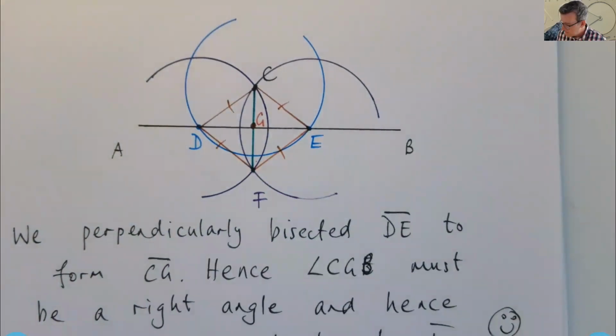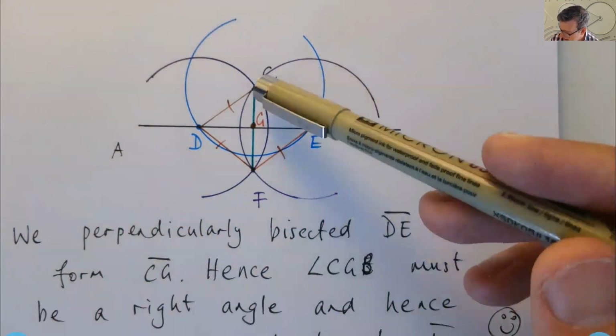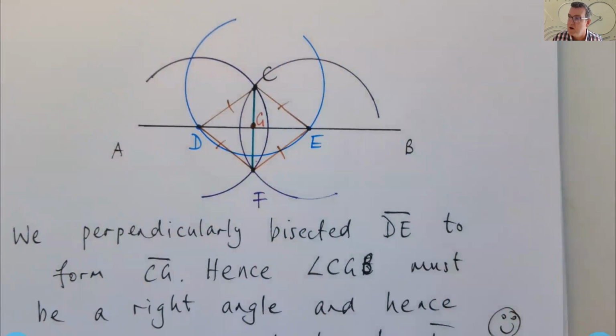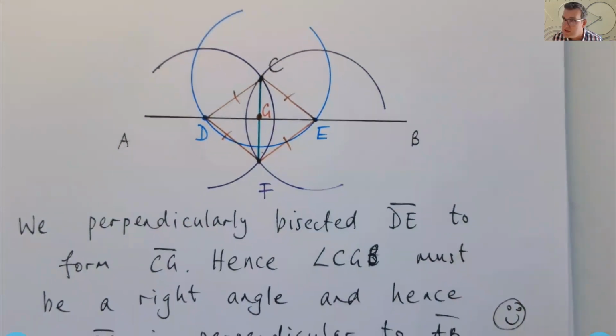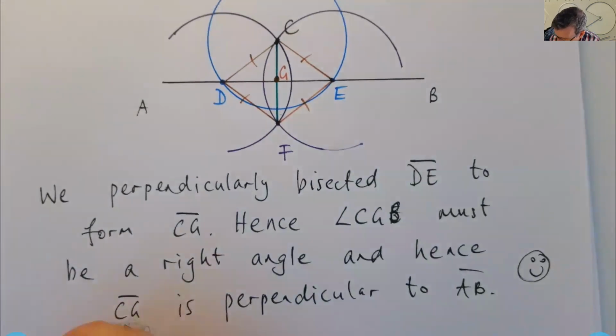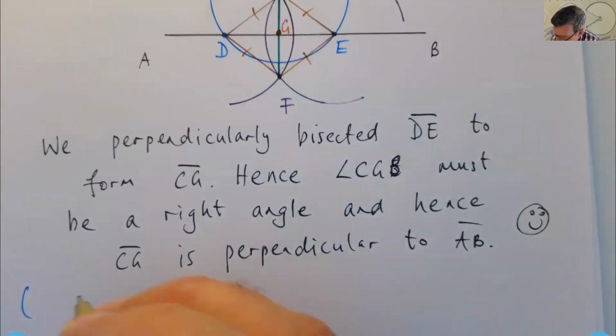All right, so if I didn't know this about perpendicular bisection, how would I actually show that angle, say, CGB is a right angle? Well, you can do it using similar triangles. So let me come down here.